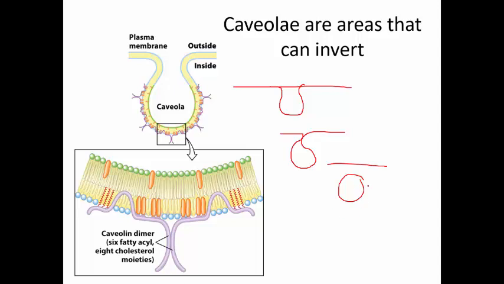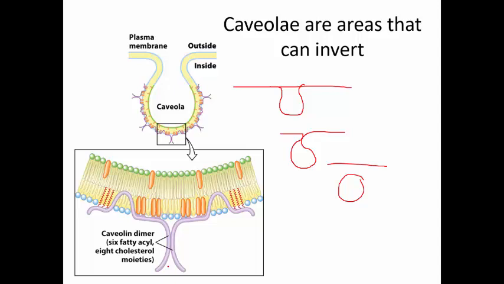The reason they're called caveoli is because there is a protein called caveolin. This is an example of one of our type 6 integral membrane proteins, right? Because we see here it's got lipid anchors, and it also has a stretch of the protein that goes in through. And it also associates with cholesterol, but that's a whole separate thing.